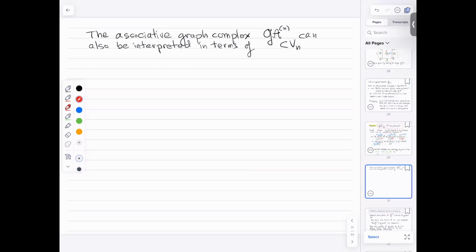Outer space is covered by some spaces that are associated to ribbon graphs. And if you take one of these pieces, then its quotient computes the cohomology of punctured mapping class groups. So you get a similar story for the associative graph complex.